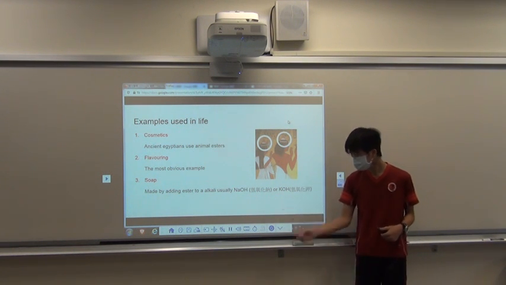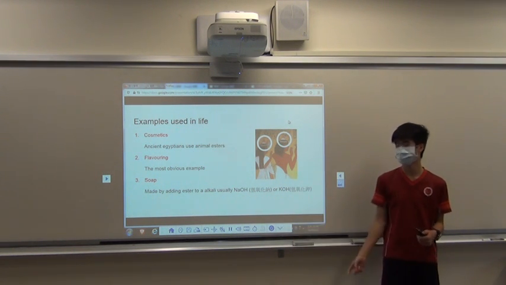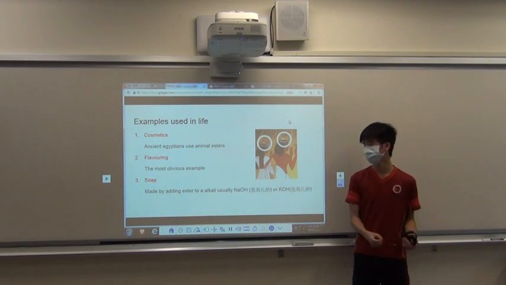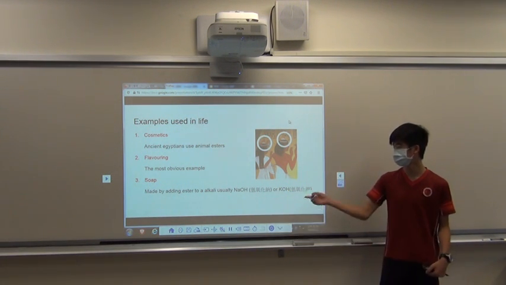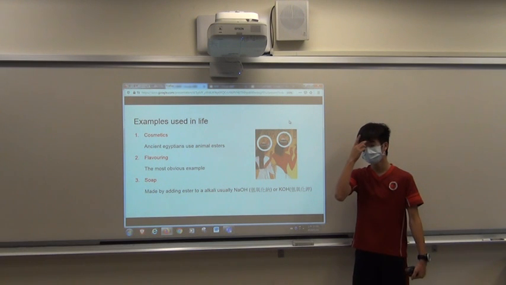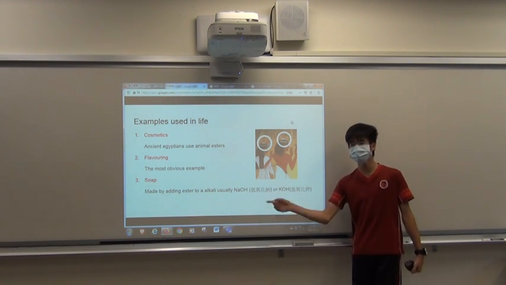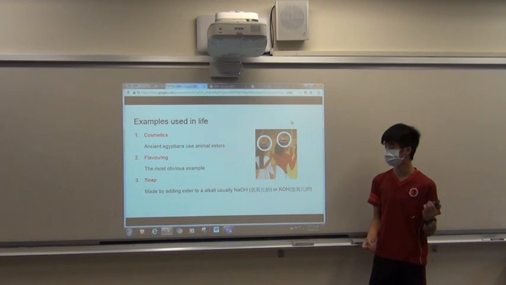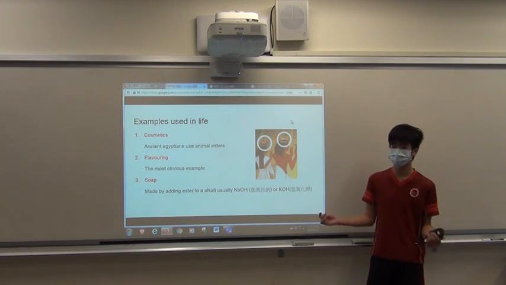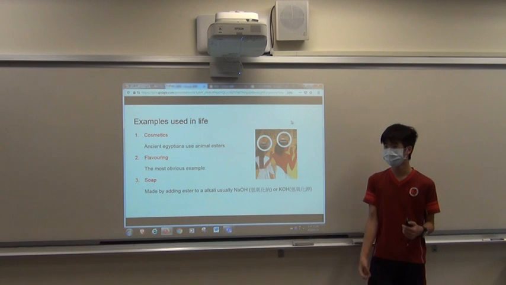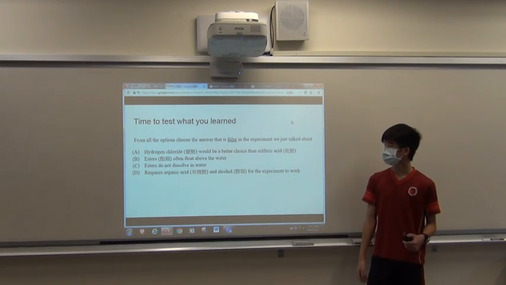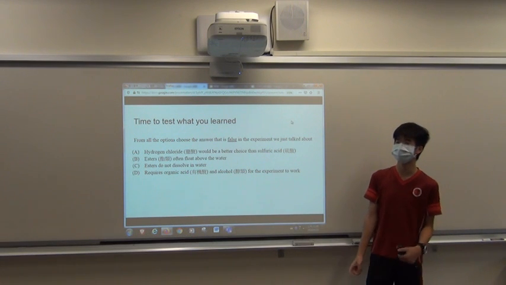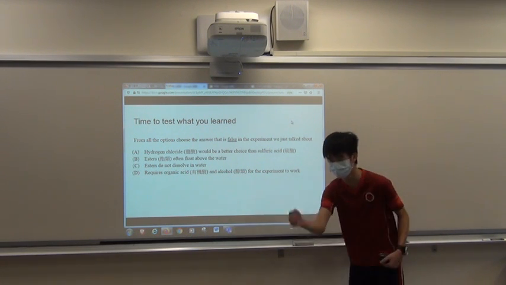When you add ester to an alkali, probably NaOH or KOH, these molecules are able to combine with both water and oil, so it brings down all the bad stuff that you don't want in your body. So yeah, here's the question, and let's welcome it.